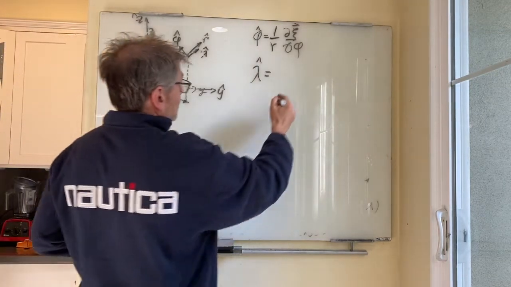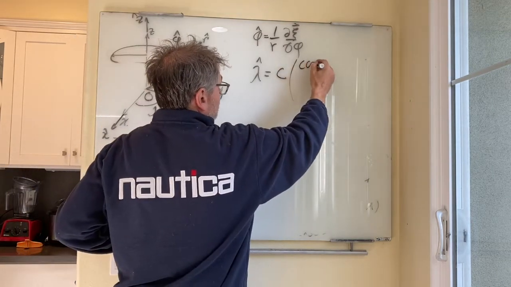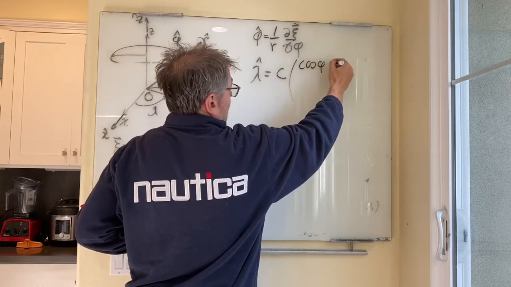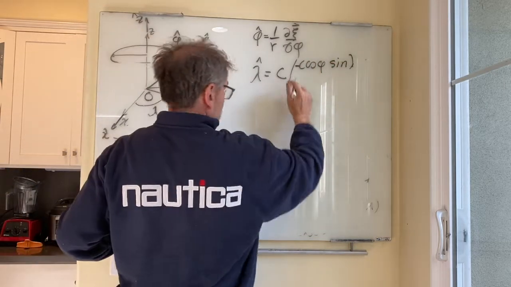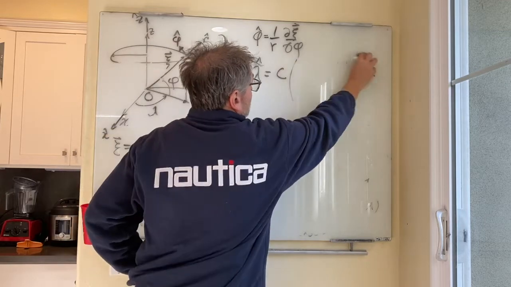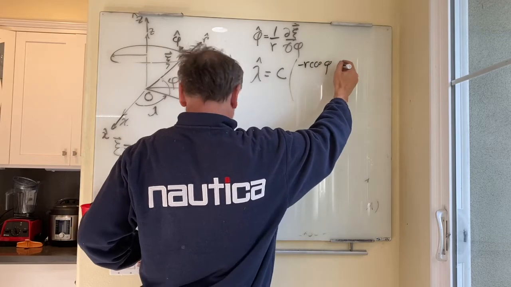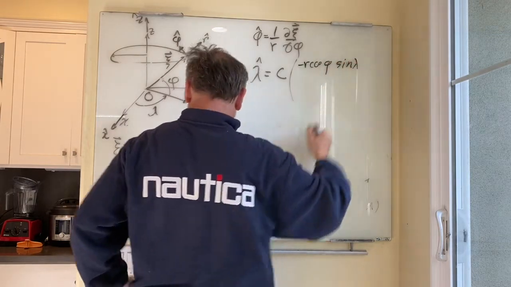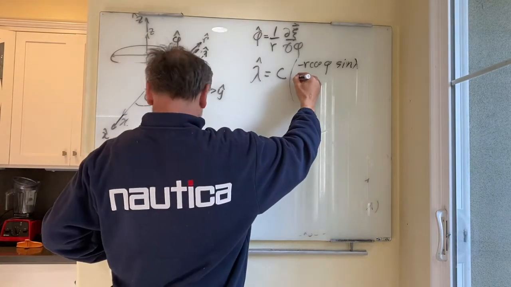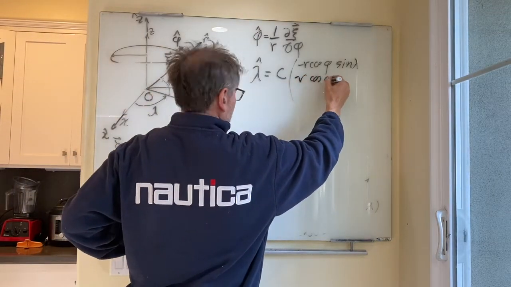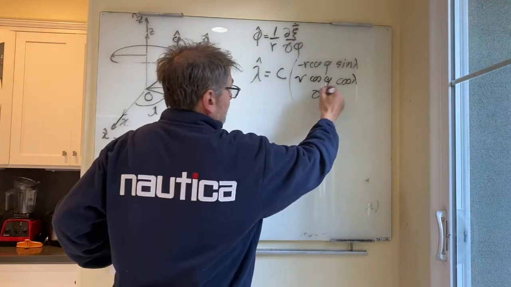So dx d lambda is going to be some constant, which I need to determine, times minus r cos phi sine lambda. And then the derivative of the second component will be plus r cosine phi cosine lambda. And the last one will just be 0, it doesn't depend on lambda.